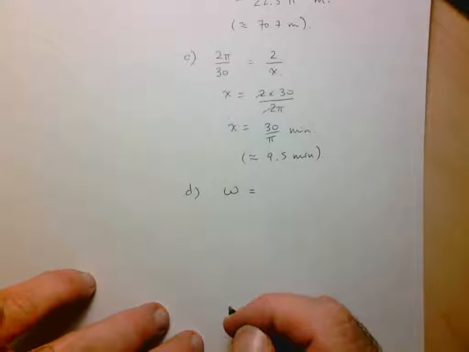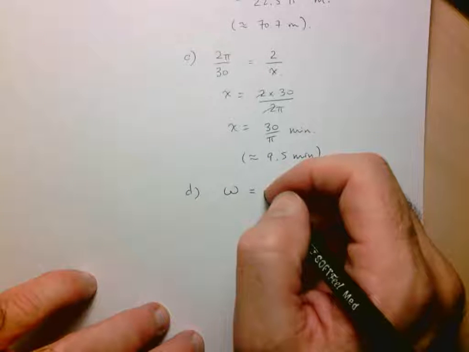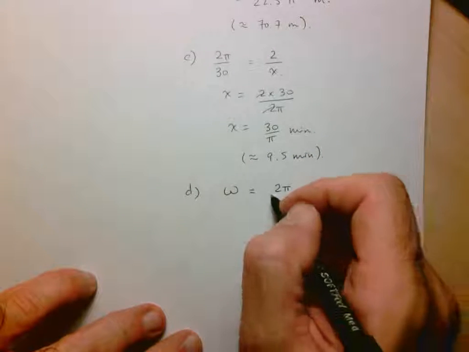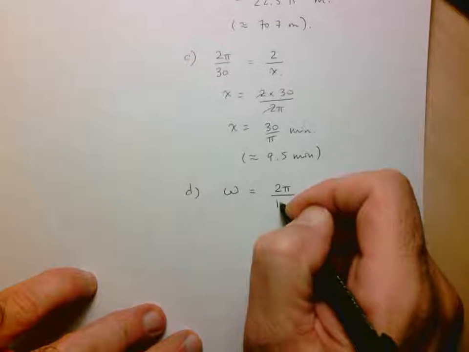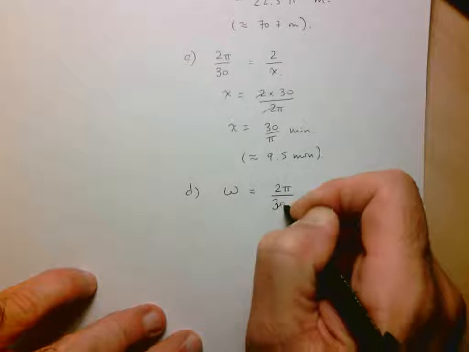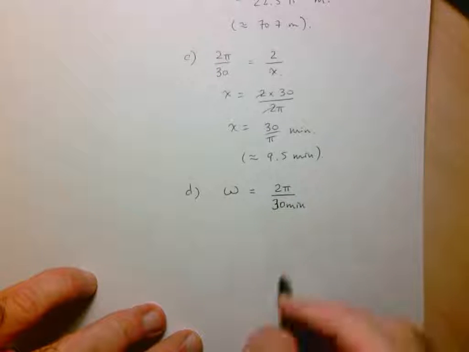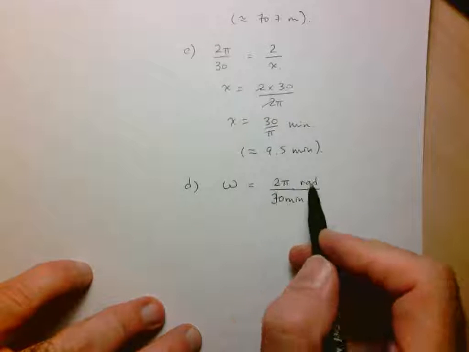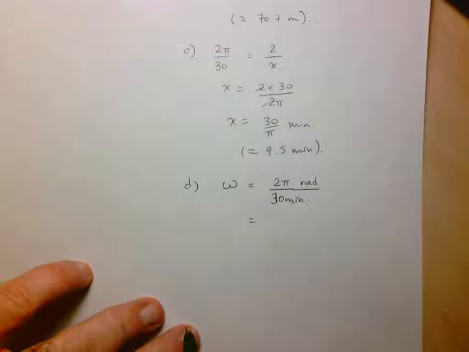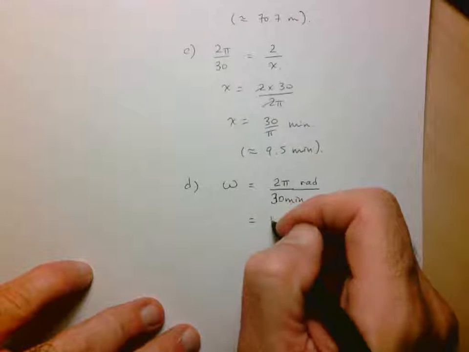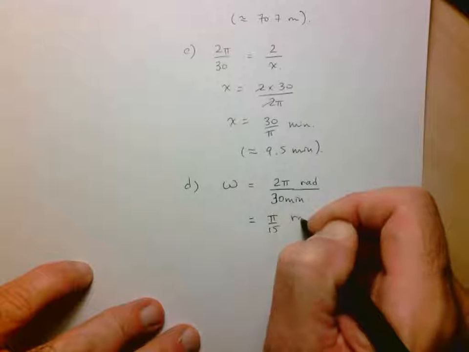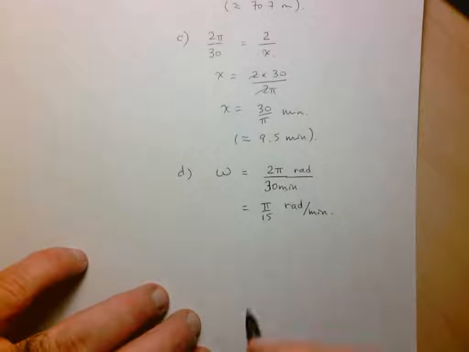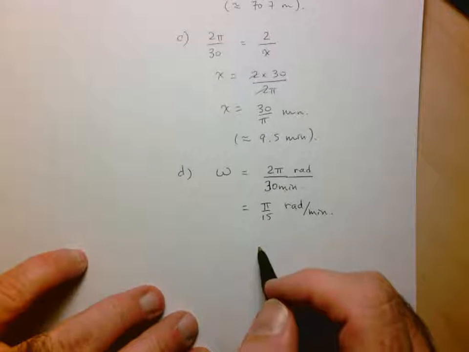What we're looking for is the angle, which we know is 2 pi radians in, sorry, in 30 minutes. So when we divide 2 pi over 30, we end up with pi over 15 radians in 1 minute. But what we want to do is turn this into radians per second.